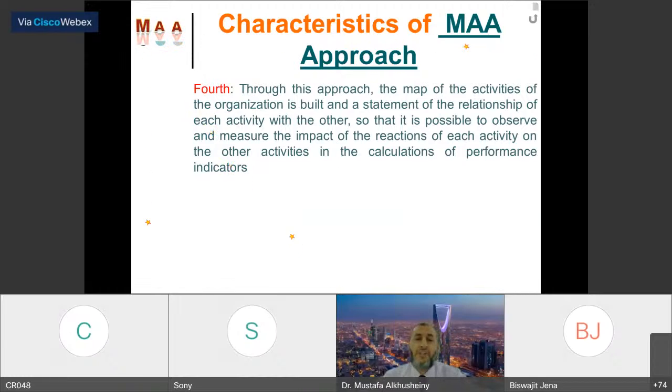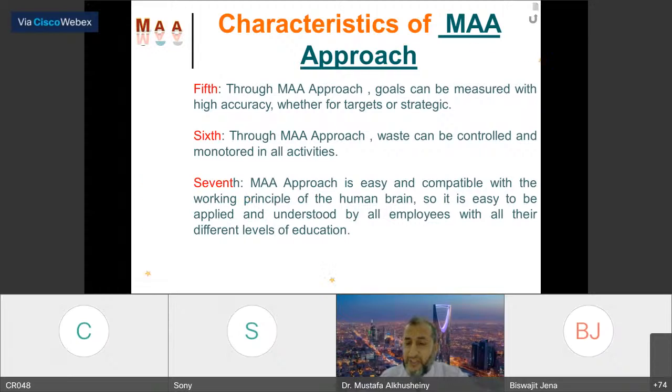Also, through this approach, the map of the activities of the organization is built, and a statement of the relationship of each activity with the others, so that it is possible to observe and measure the impact of the reactions of each activity on the other activities in the calculation of performance indicators.